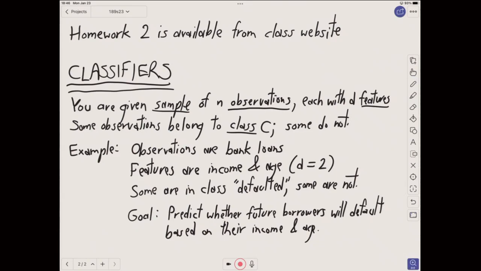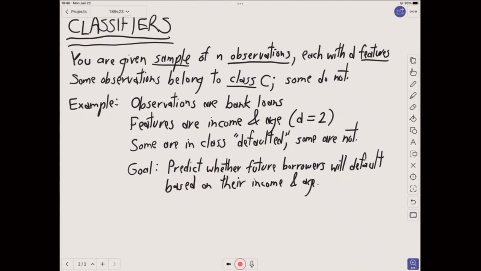So the data we want to predict on is unlabeled. The data we trained on is labeled.